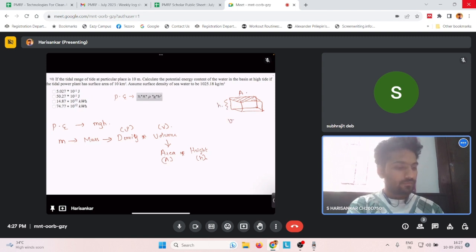So if we have a cube like this and let's say this surface area is A and this height is h, then volume will be A into h. And mass, if the density is rho, will be rho into A into h.